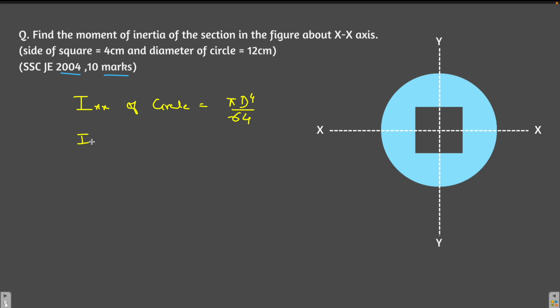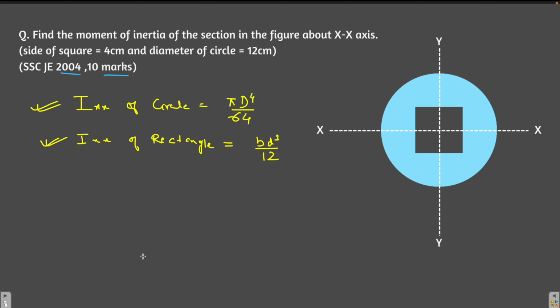Now the moment of inertia of a rectangle, and a square is also a rectangle, about the x-axis is bd cube by 12. So if you know these two things, the question is very simple. And if you don't know, just make a list of all the moments of inertia which you have to learn.